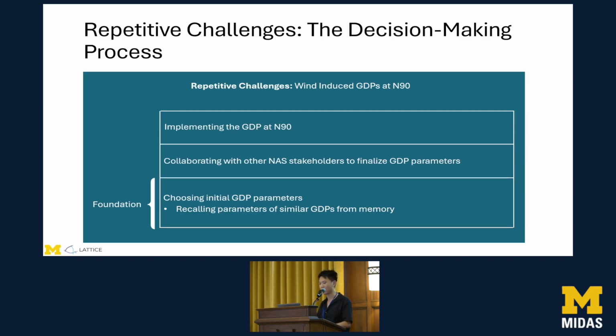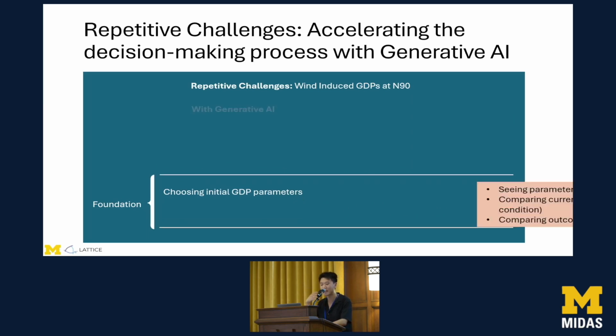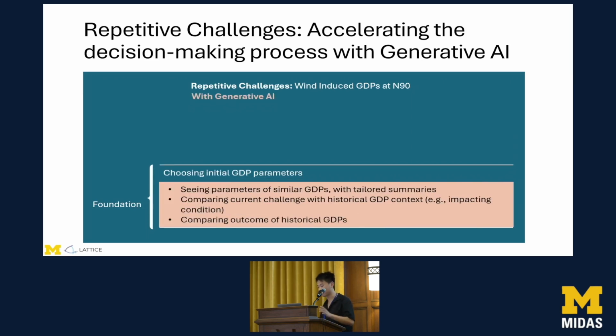the delay program. What we want to do is, instead of having the traffic flow manager recall from memory, can we instead help them with essentially an LLM that they can interact with?